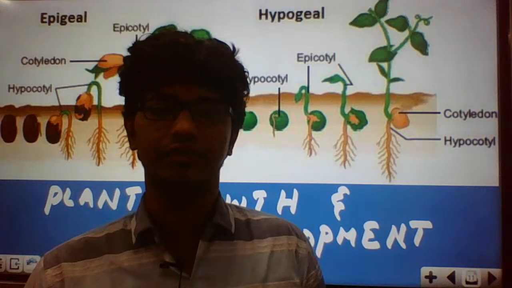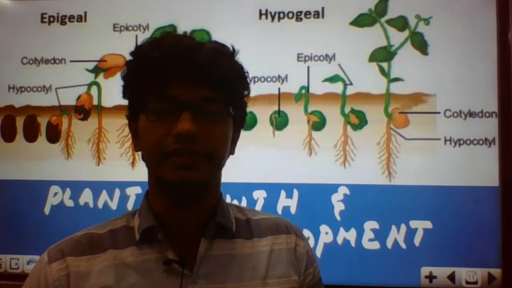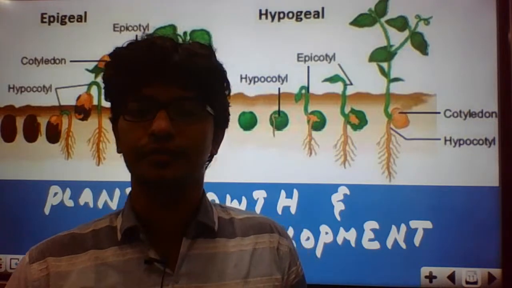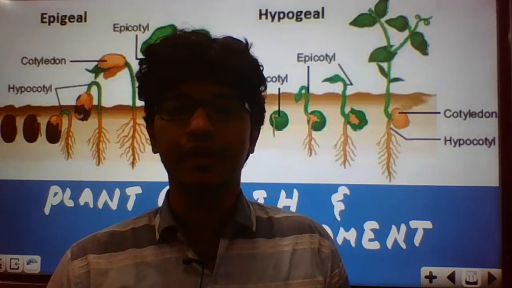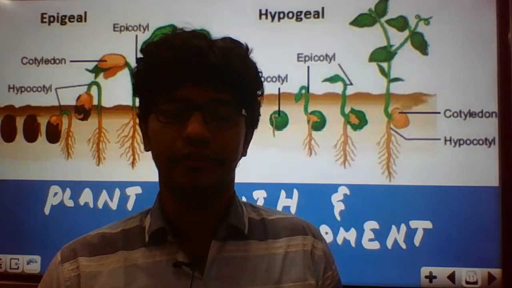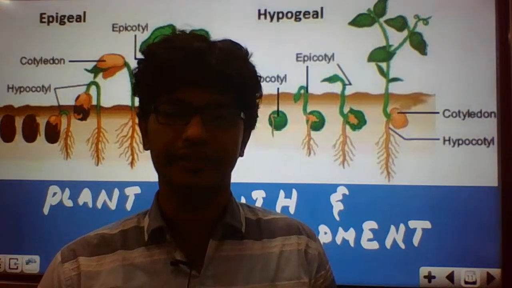The significance of vernalization, plasticity, and heterostyly we'll discuss, and also photoperiodism. Under photoperiodism, the short day plants, the long day plants, and neutral plants. All these things we're going to discuss.